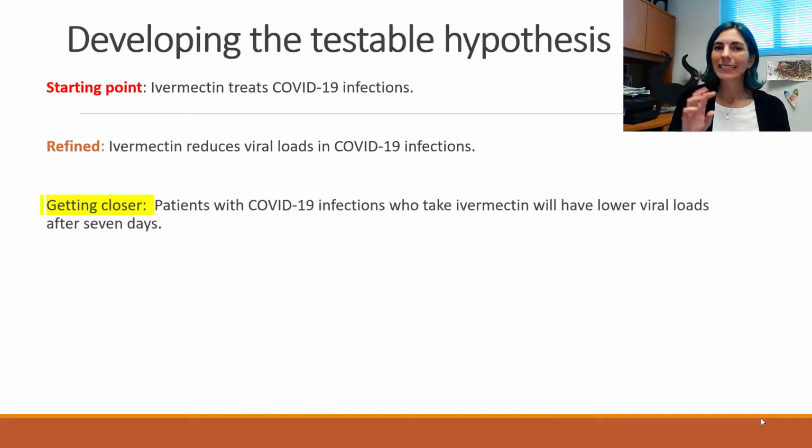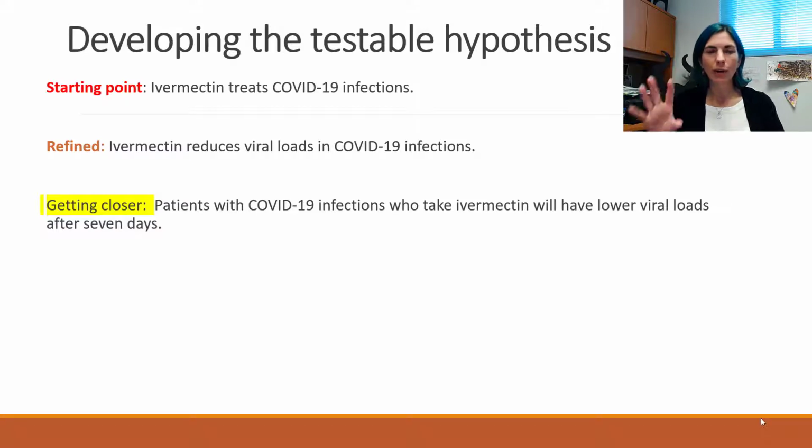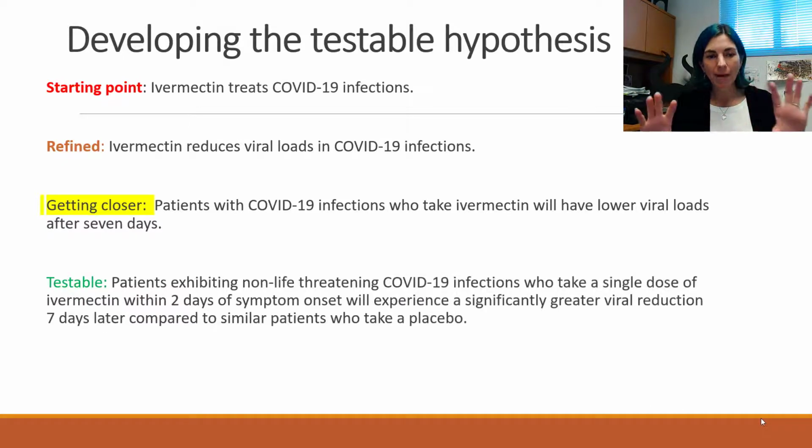But this still isn't good enough. I need much more information to get a really solid handle on what type of experiment I might design. So I'm going to flesh out, no pun intended, my hypothesis to this. Patients exhibiting non-life-threatening COVID-19 infections.